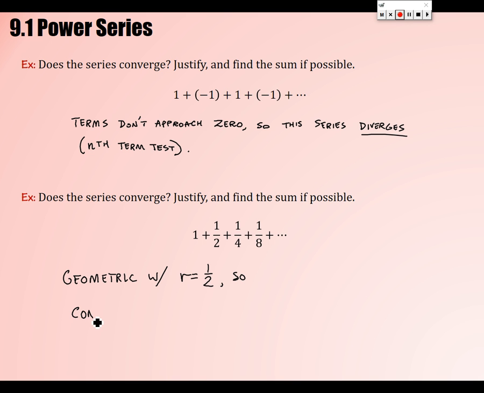So it converges, and we can say what the sum is also: 1 over 1 minus 1/2. So what does that come out to be? 2. Good.